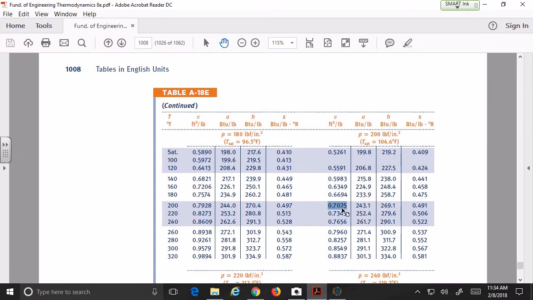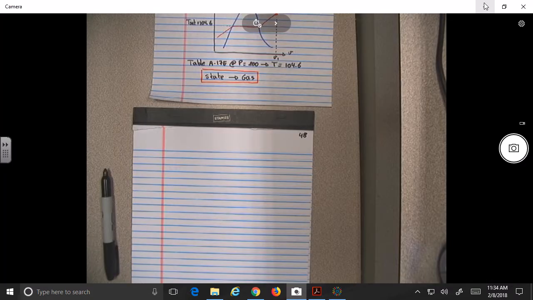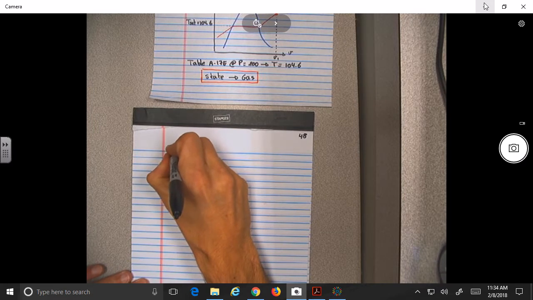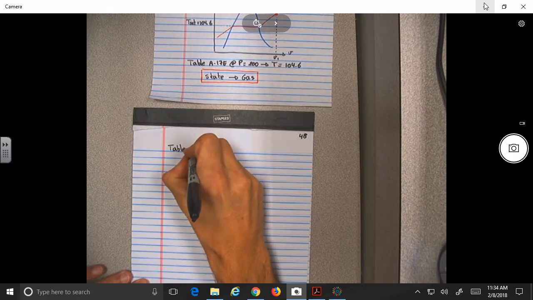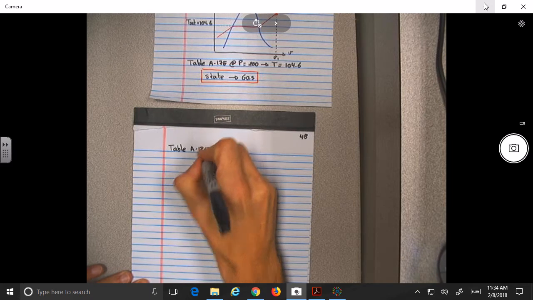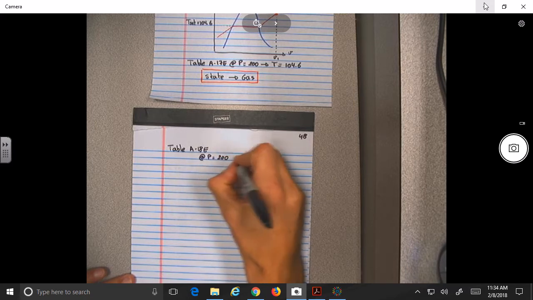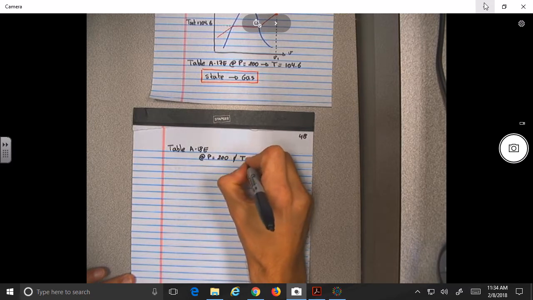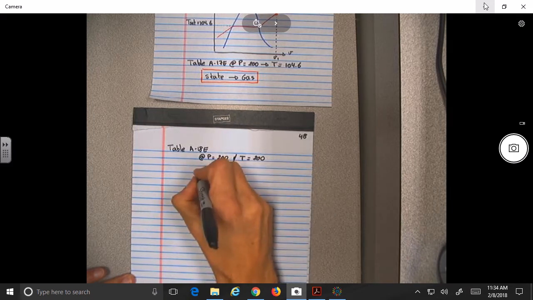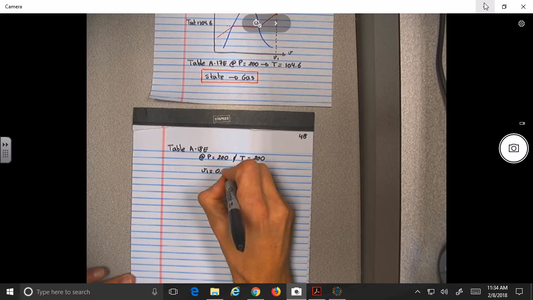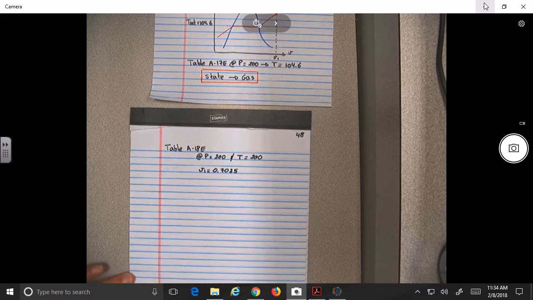So over here, we say that because it's in the gas state, we go to table A18E, and here we need two values. So at P equals 200 and T equals 200, what do we have? V1 was equal to 0.7025, no? Okay?